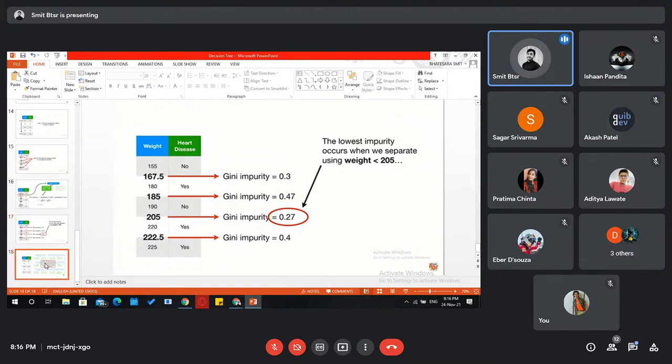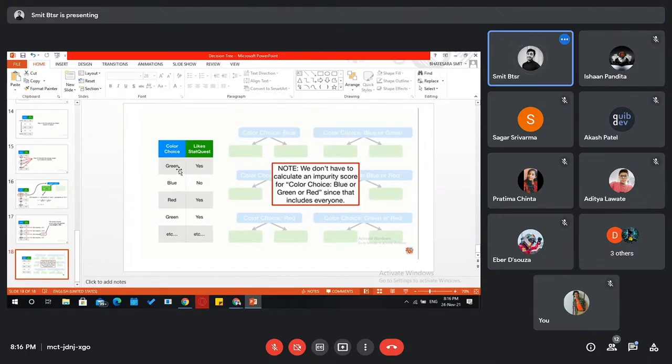And if there is categorical data, like this type of colors, here we do not have to find impurity because these are our categories. If you choose green, then it's like a state quiz.